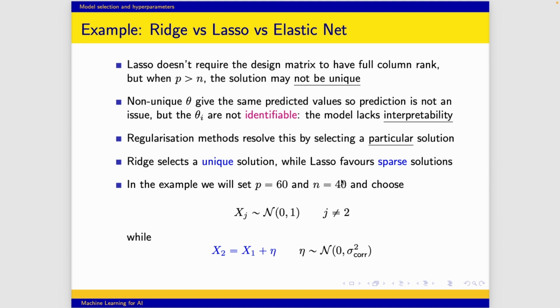I'm doing this deliberately so that we can see what Lasso and Elastic Net do in this case. It also showcases the power of Lasso, this selection property: even though there are 60 features, Lasso in the end will only select a very small number of them, and it will say, these are the features that matter the most.